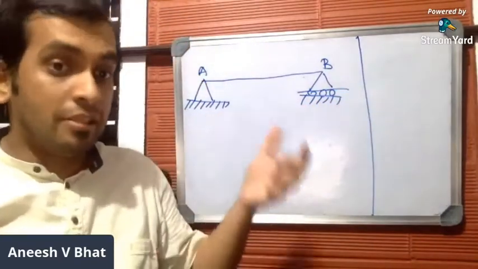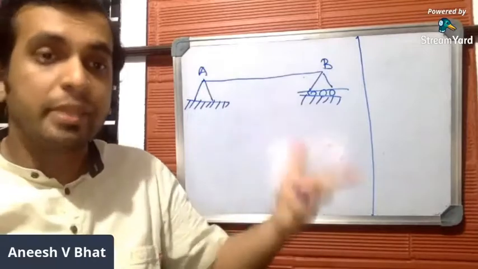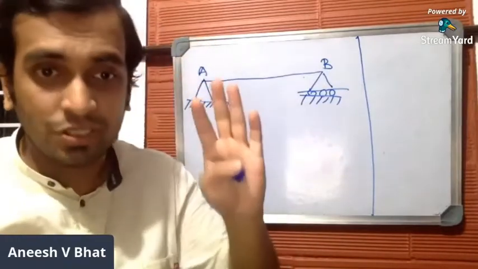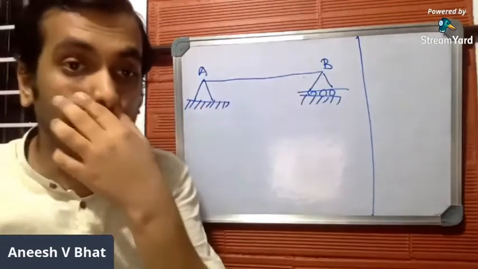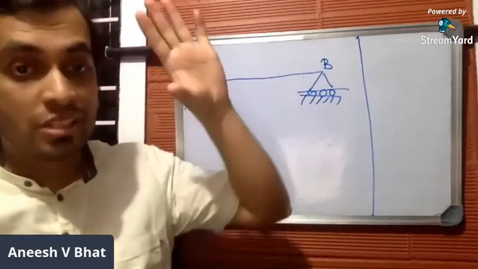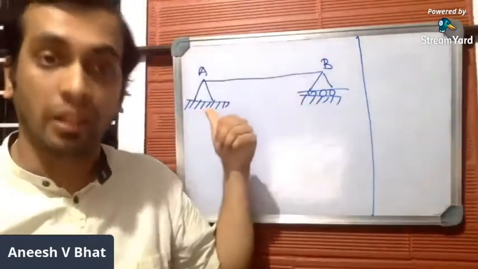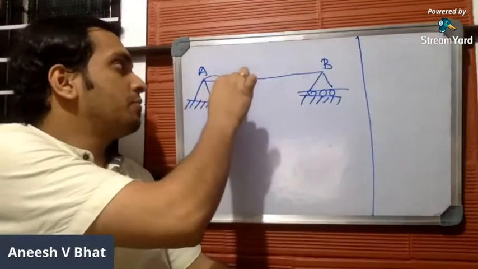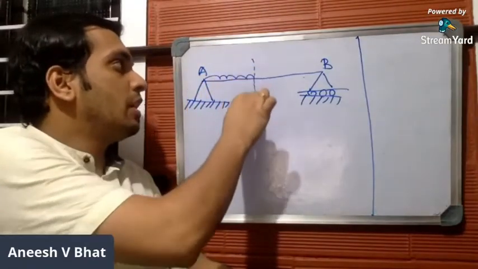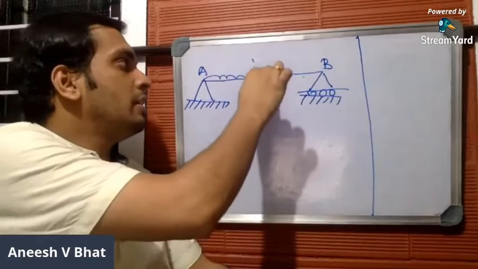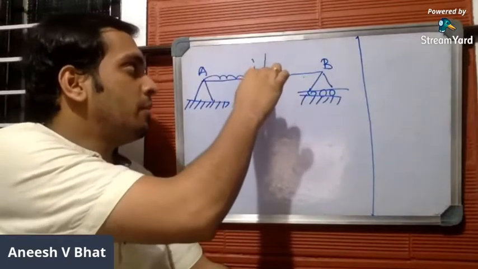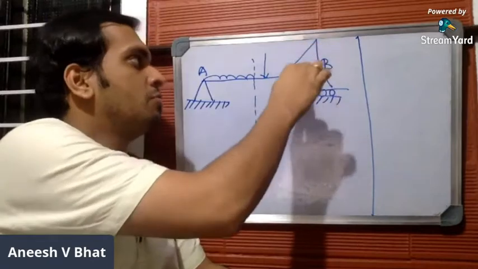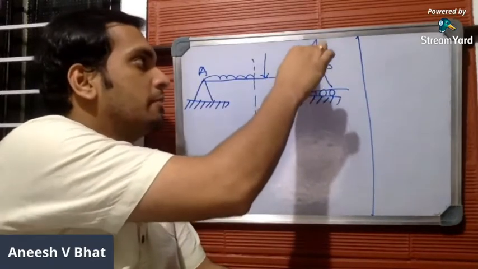In the question, you'll be given just a drawing. They won't mention the type of support. You'll be asked to find the support reaction from the drawing. For example, till here you have a UDL, then another point load, and from this point to B you have a UVL.